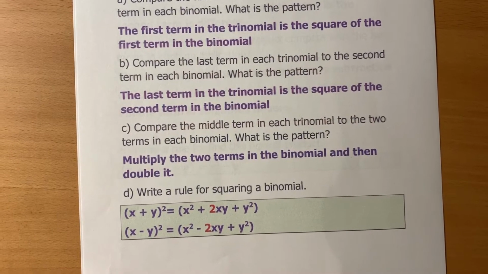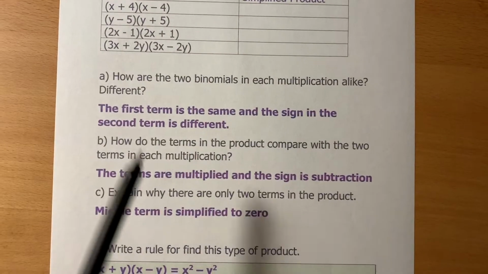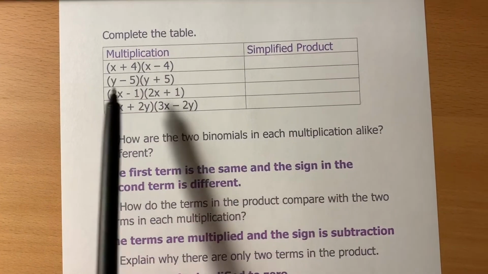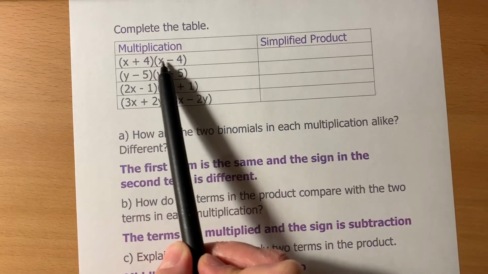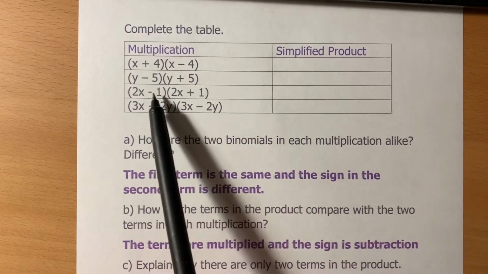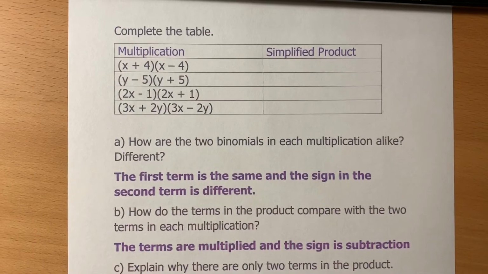Okay? Now there are two special products. One is a binomial squared, and the other one is this. So let's just have a look at it for a moment. This is x plus 4, x minus 4, y minus 5, y plus 5, 2x minus 1, 2x plus 1. There's a pattern with this special product.